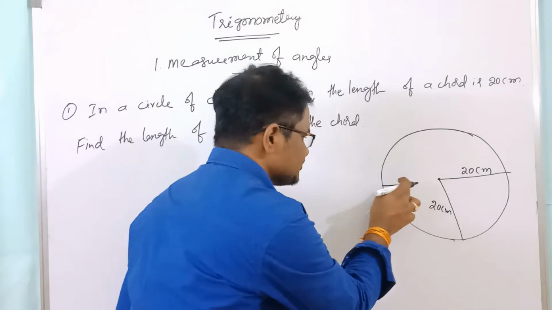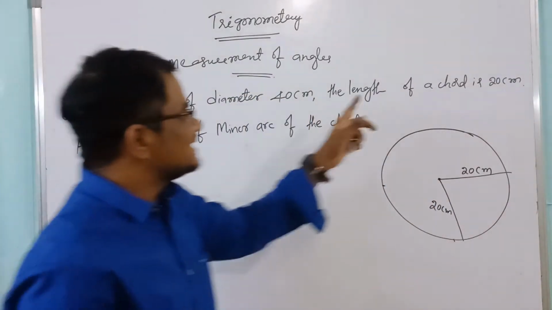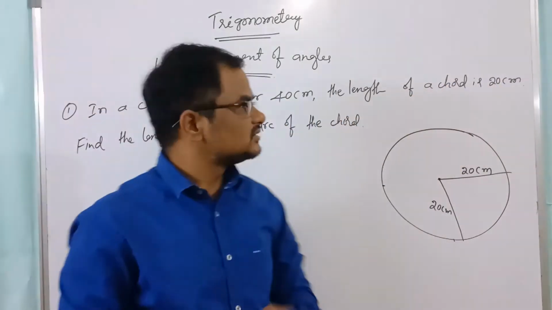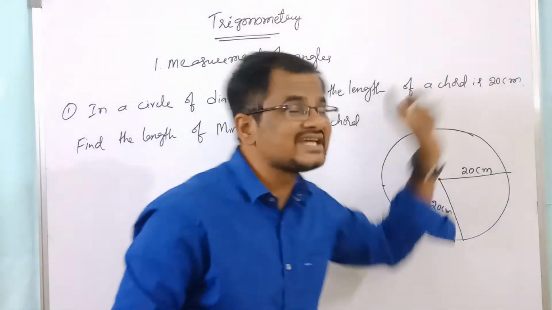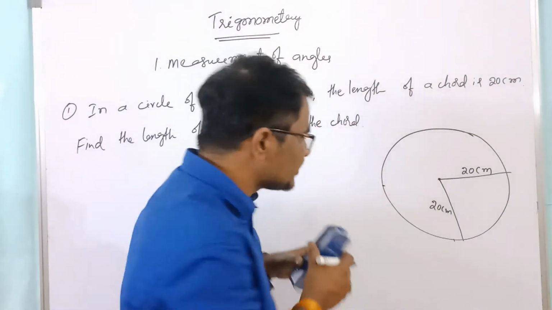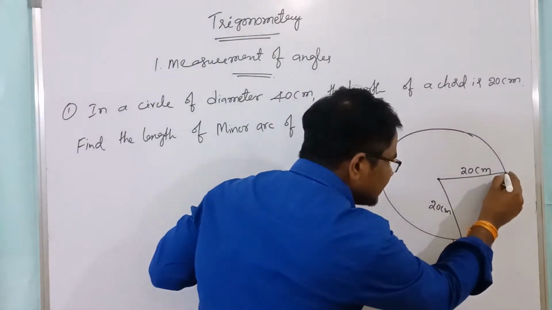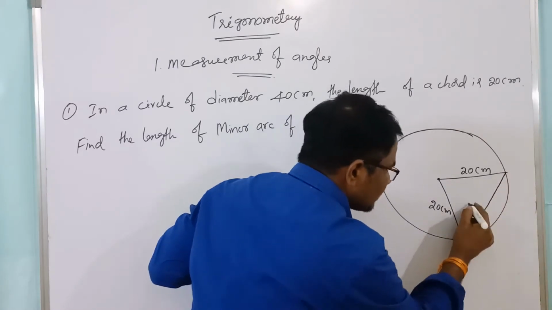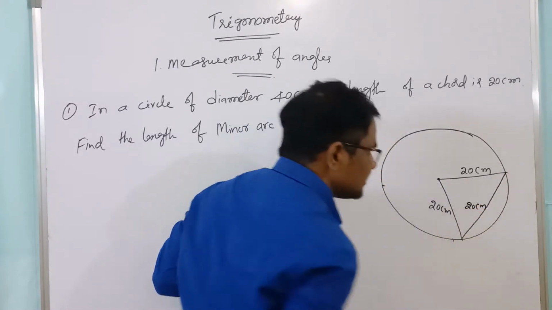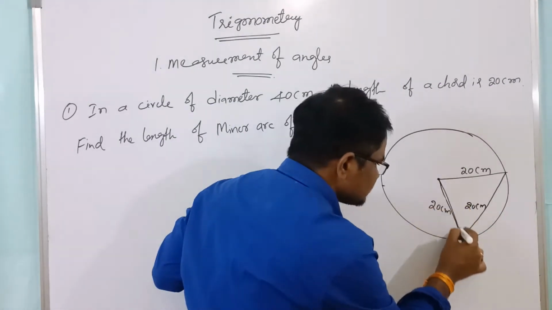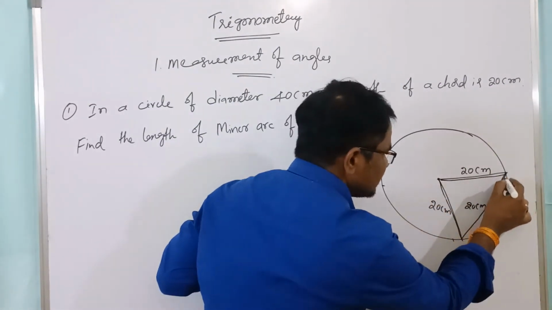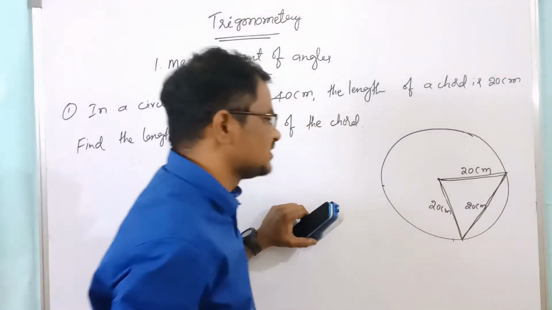Now observe, the length of the chord of the circle is given as 20 centimeters, so here also 20 centimeters. The radius is 20 centimeters, and the chord is also 20 centimeters.